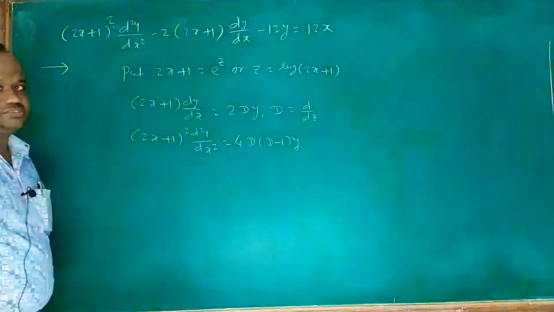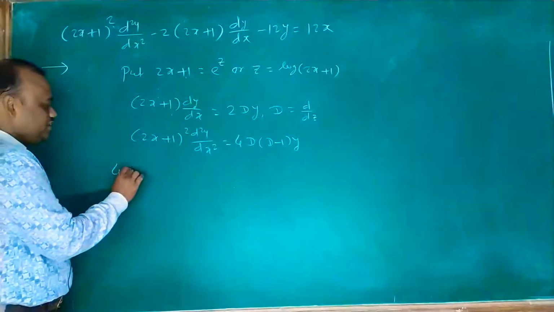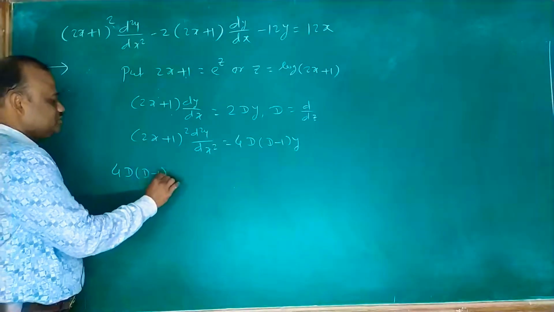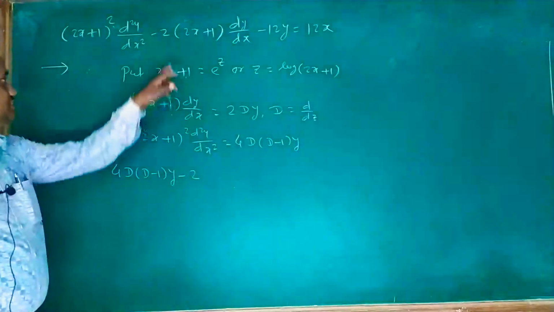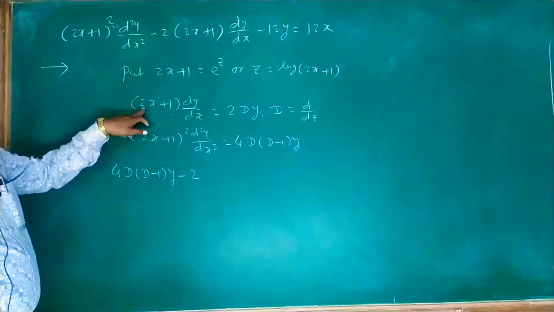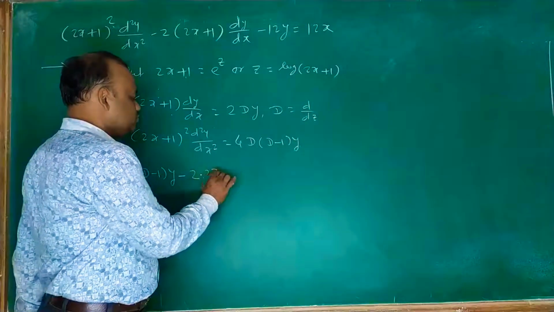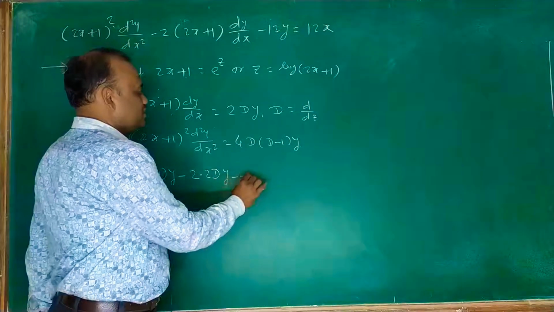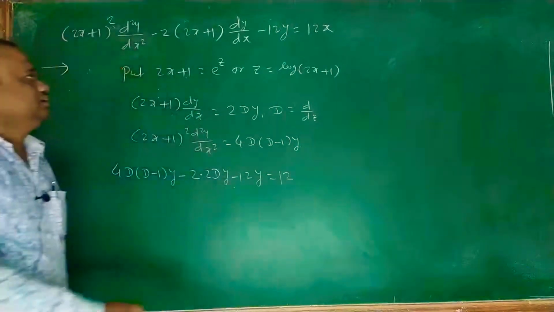Now using this substitution, the given differential equation can be written as 4D(D minus 1)y minus 2 as it is, and the value of (2x plus 1) dy by dx is 2Dy, so into 2Dy, minus 12y is equal to 12x.